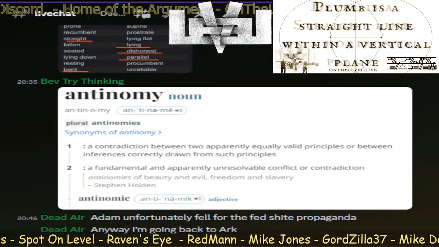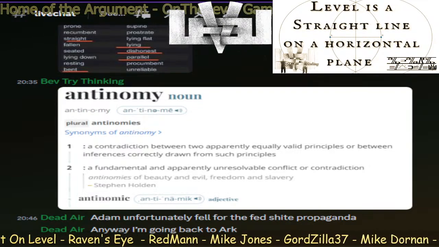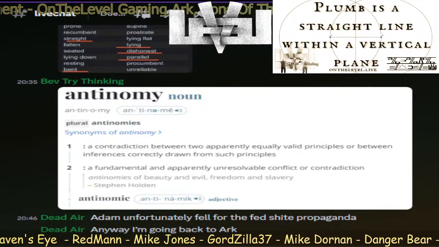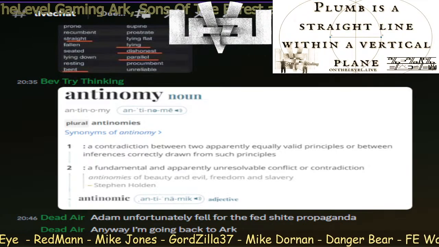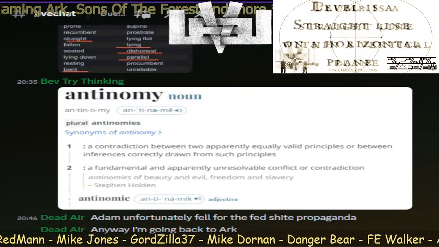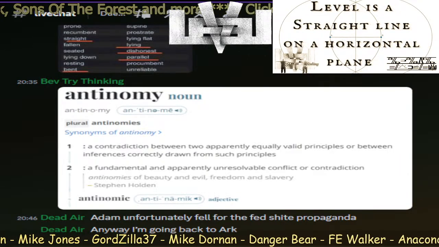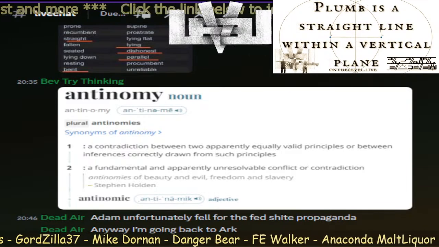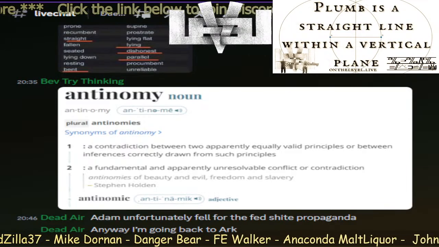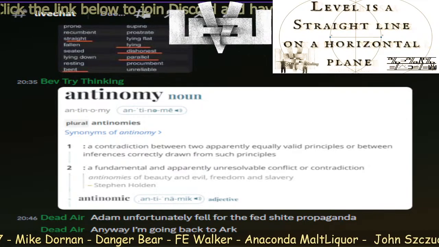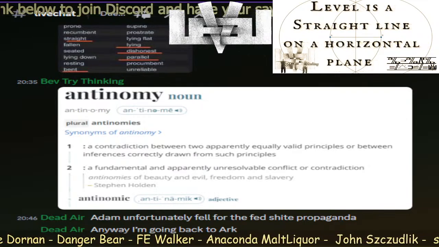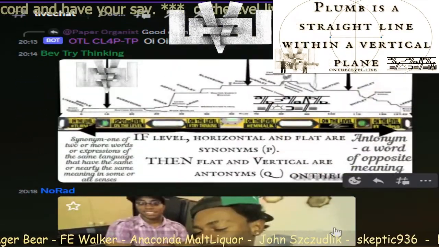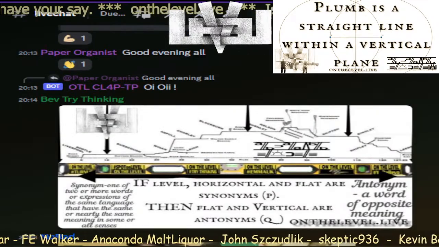Yes, that's why this modus ponens creates an absurd consequence. This consequence, this Q, is absurd. But it is an inevitable conclusion. This is a consequence of P. So if flat means orientation, horizontal orientation, the inevitable consequence of that is that vertical cannot be flat.